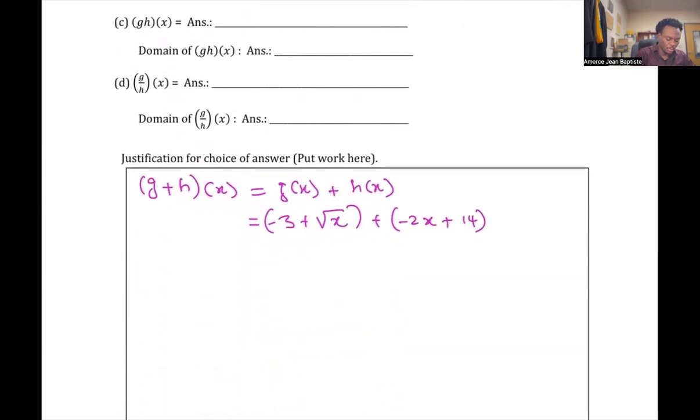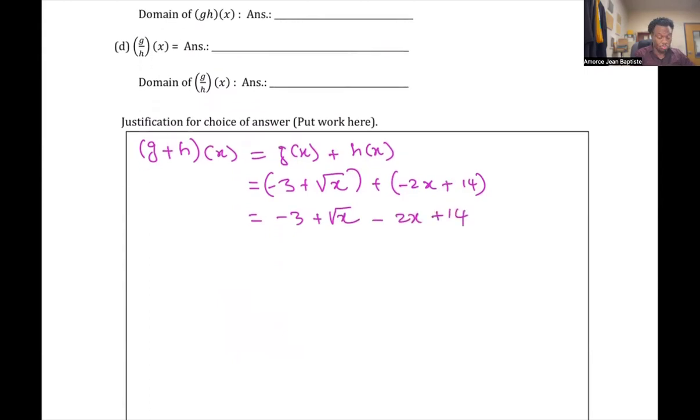So that makes, we don't really need the parentheses, negative 3 plus square root of x minus 2x plus 14. If we have like terms, we can combine negative 3 and 14. That's the only things that we can combine. So that's negative 2x plus square root of x plus 11.